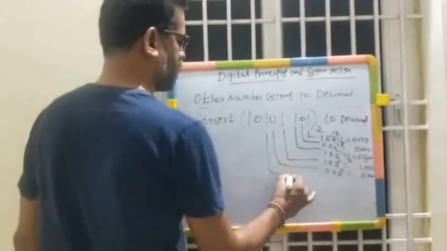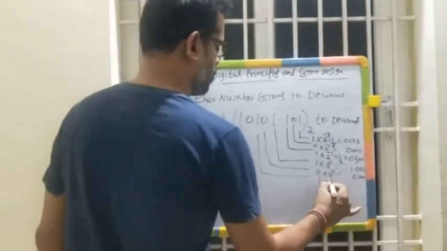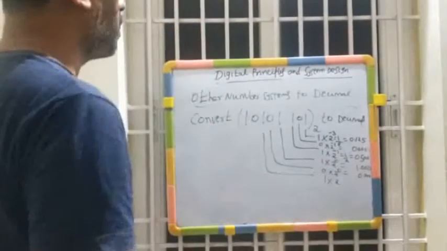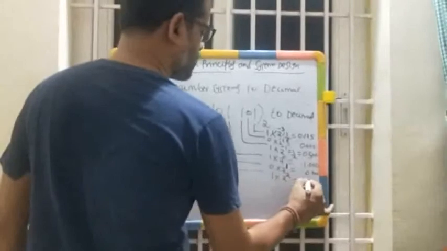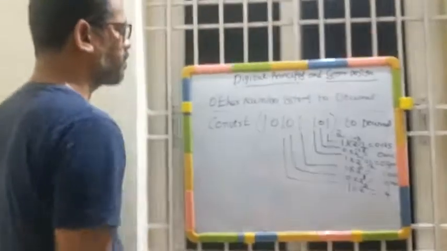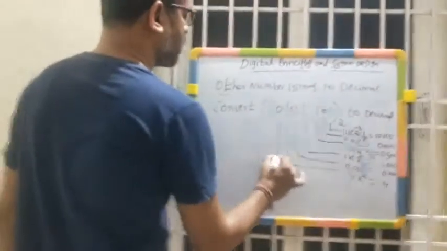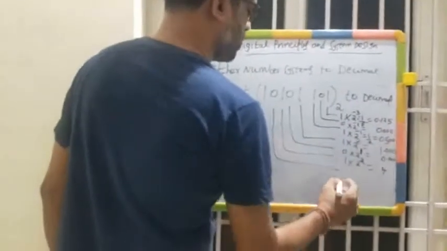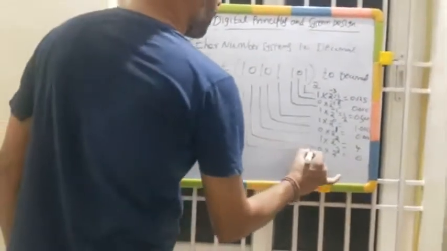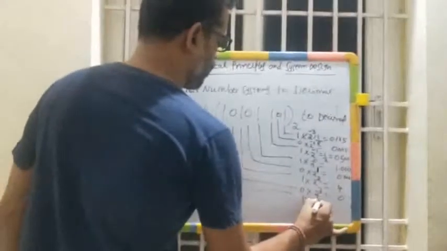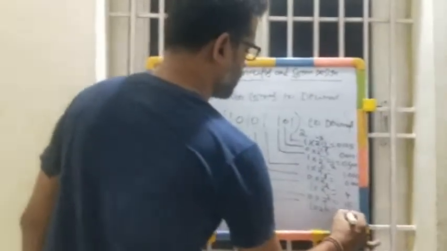Then 0 into 2 power 1, and there is 1 into 2 square, that is 4. Then 0 into 2 cube is nothing but 0, then 1 into 2 power 4, which is nothing but 16.